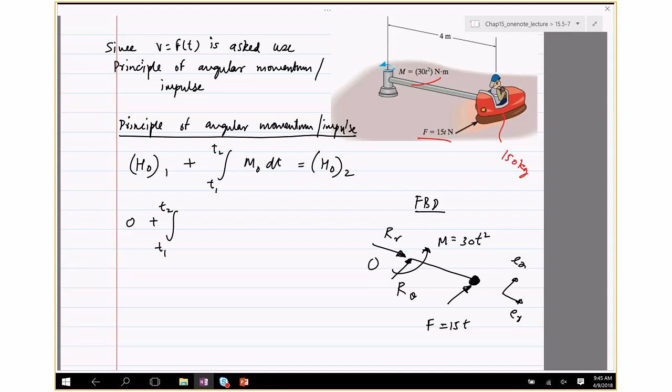So those two do not contribute. The only thing which contributes first is the external moment, 30t square, which will show up as it is. So 30t square dt.